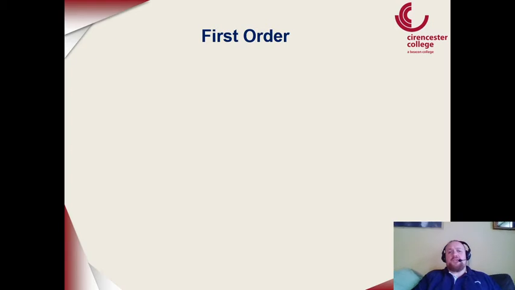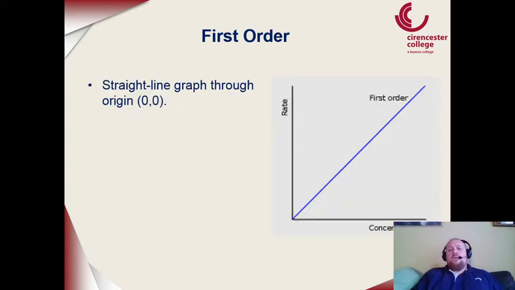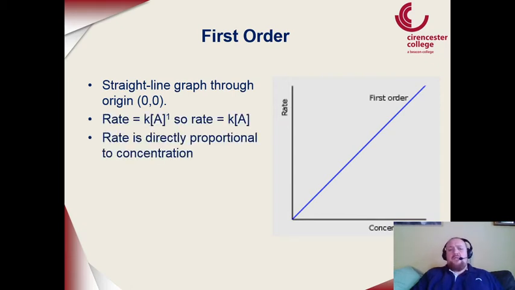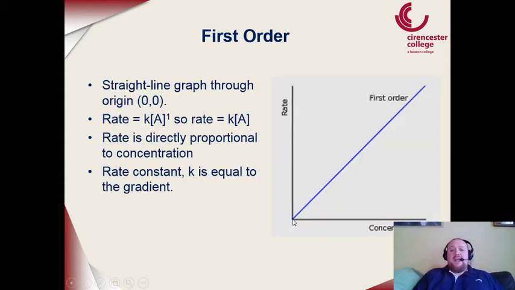So what about first order? With a first order reaction, we know that that reactant is involved in the rate determining step, the slow step in the middle of the reaction. If it weren't there, there would be no rate, it wouldn't be happening. So it is going to go through the origin.